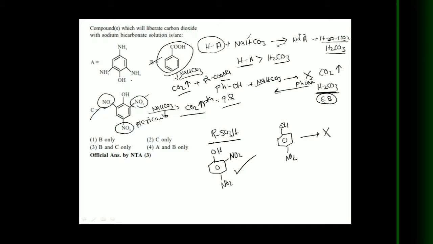Coming to this one, here NH2 is a donating group. Because of the donating group, phenol acidic nature decreases. That means its pKa value is more than 9.8. So this one does not react with sodium bicarbonate. So only B and C can react with the sodium bicarbonate. That is the official answer given by the NTA. That is 3.